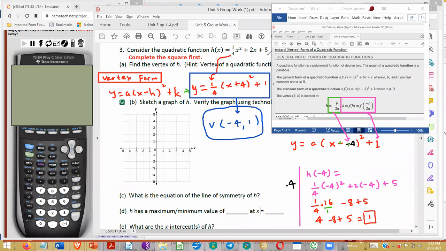Sketch the graph of h, verify with a graphing calculator. So we'll plot the vertex at -4, 1. And we've got this wide parabola, and it looks something like this.